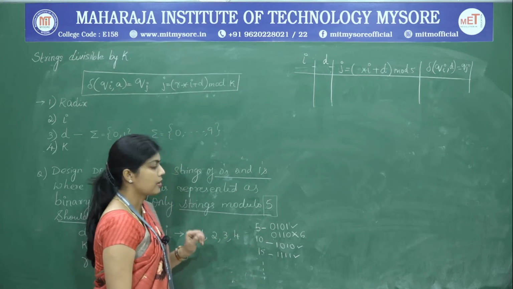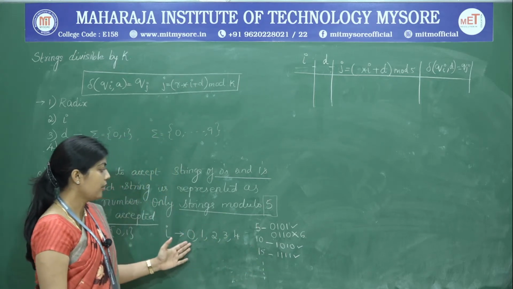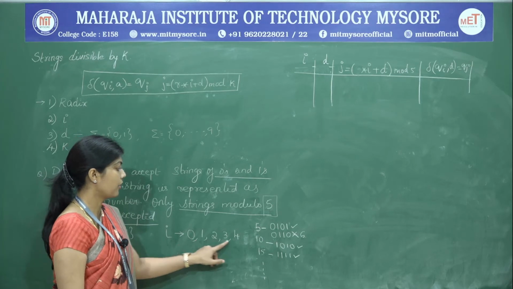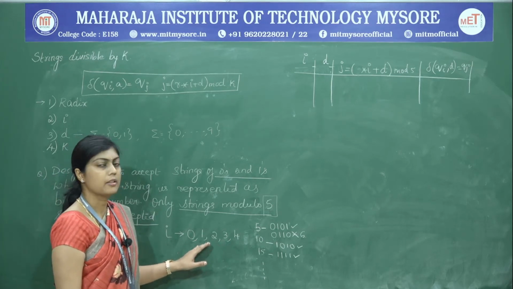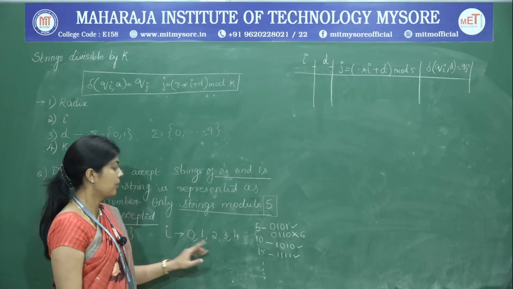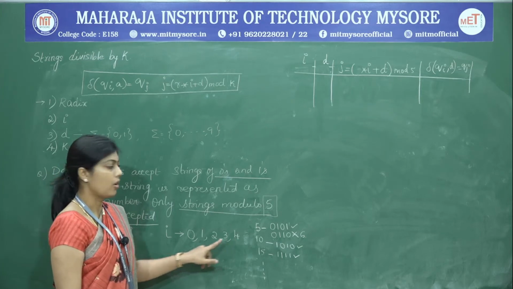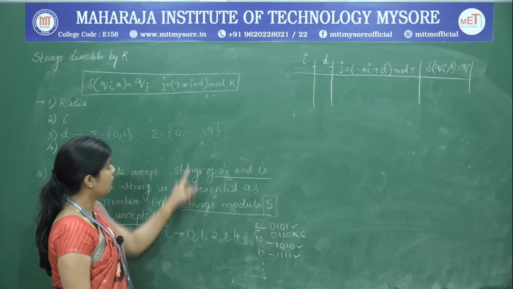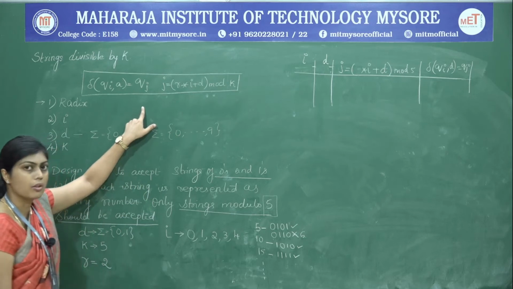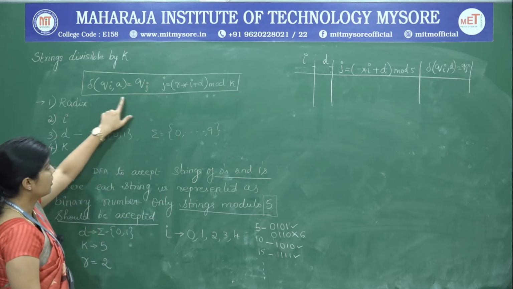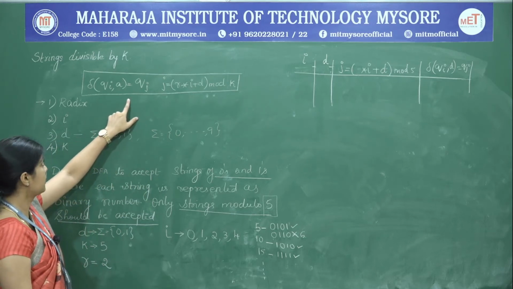Now we have found out the states of the DFA indirectly through the remainders, that is 0, 1, 2, 3, 4. Next job is to find the transitions on all the input symbols from these states of the DFA. So this is the relation that we are going to use in order to find out the transitions from the DFA states.